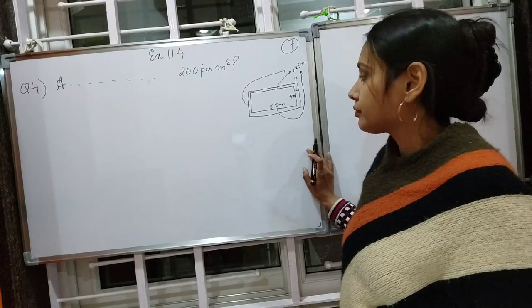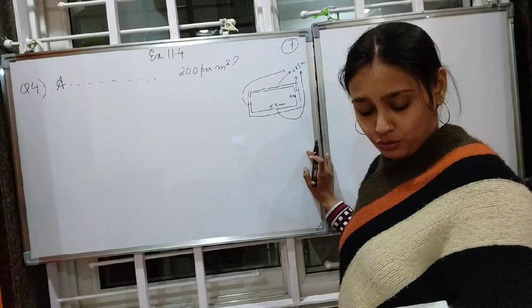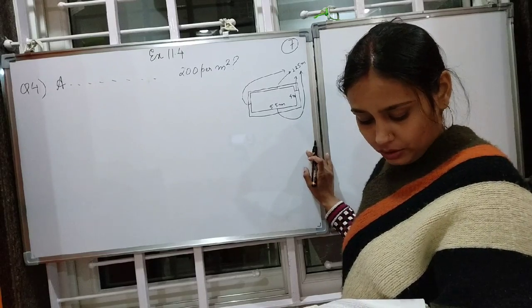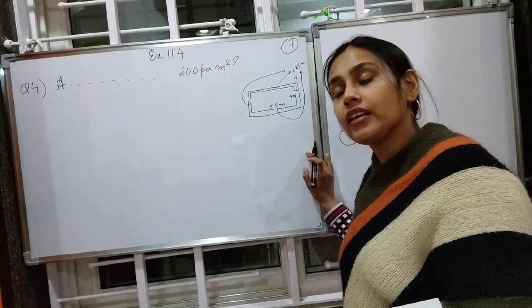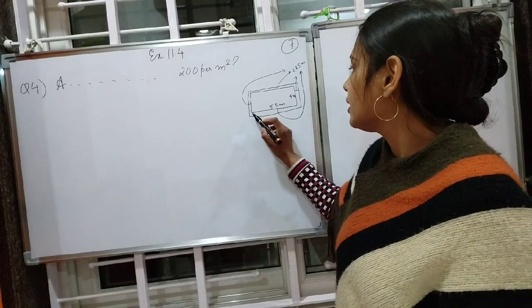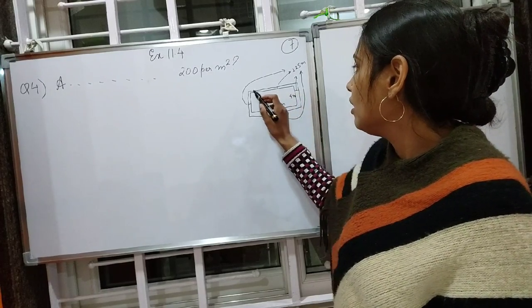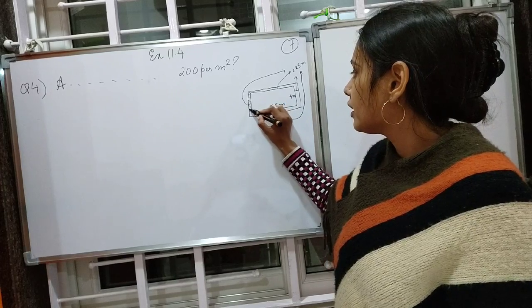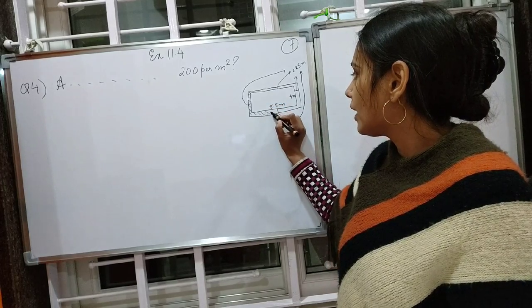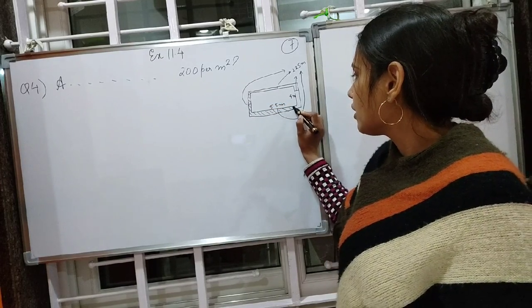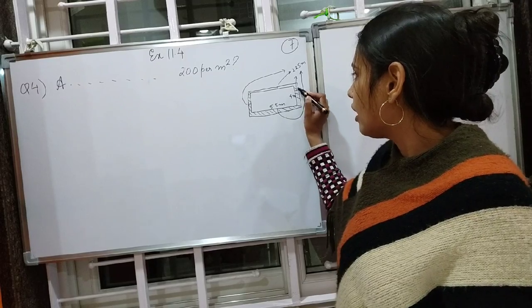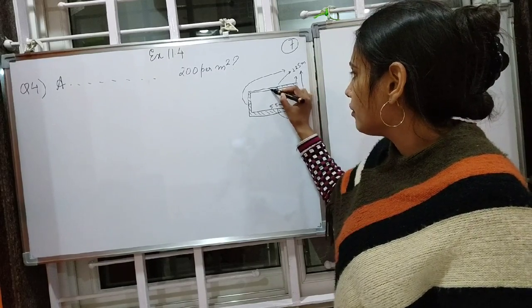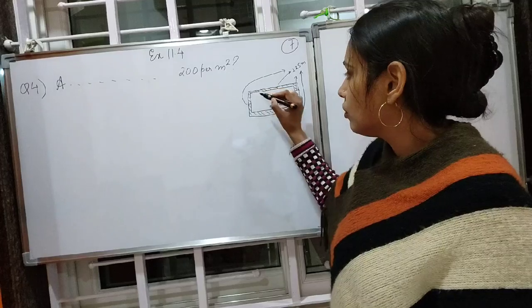Okay, children? Now let's see what is asked in the question. Find the area of the veranda. That means we have to find this area, if I shade or highlight it like this.